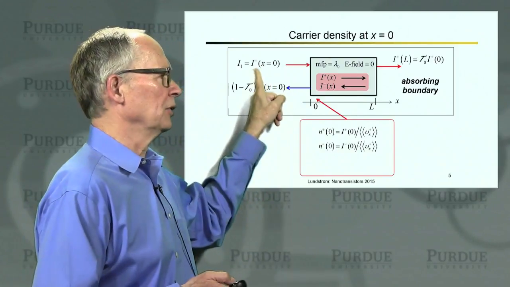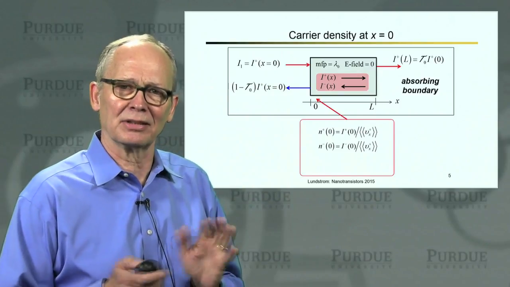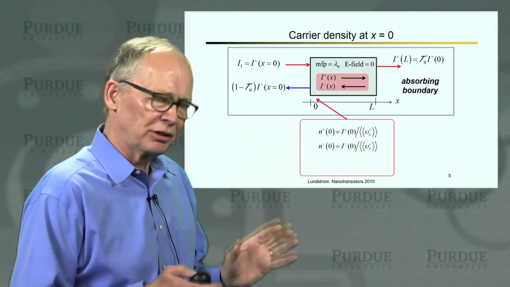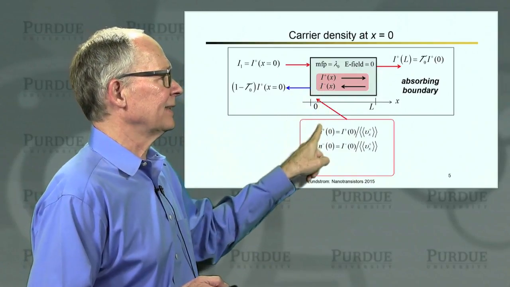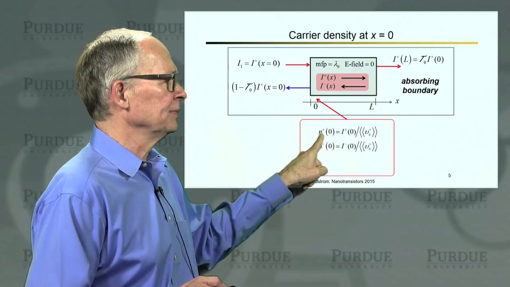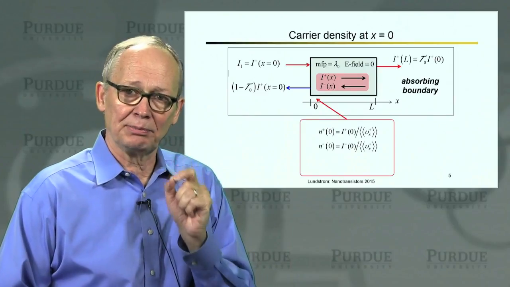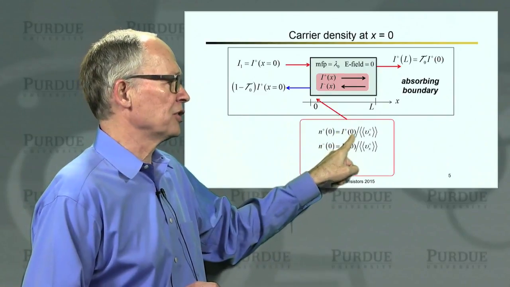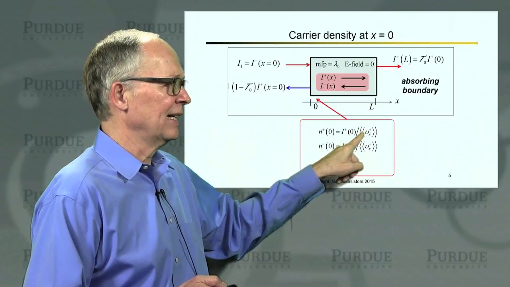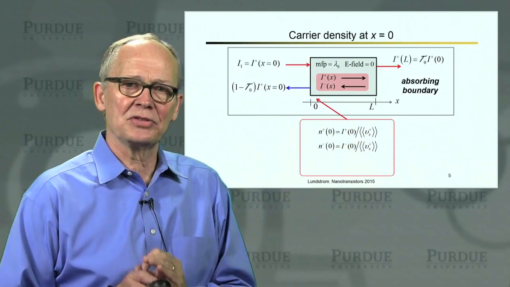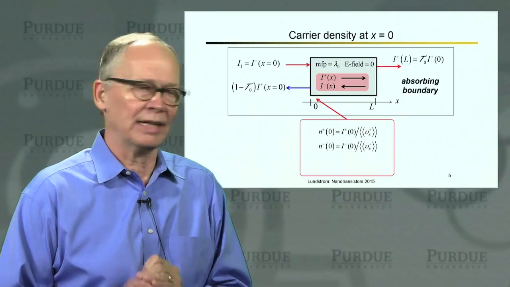Even though I'm writing an I here, I mean flux, so there's no charge here. Not a current, it's a flux of particles. The electron density at x equals 0 consists of electrons with positive velocities that were injected from the positive flux. So it's just the positive flux divided by the average velocity in the x direction.